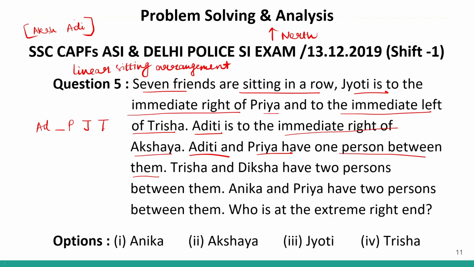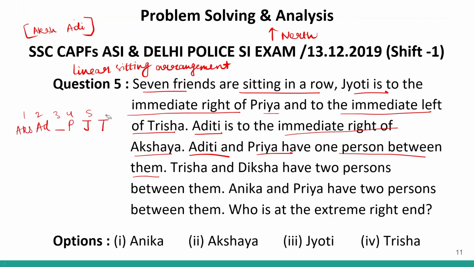How? Because if Aditi was over here, then one person would be between Priya and Jyoti, but over here we already have Trisha, so we cannot place Aditi here. So Aditi will be here and Akshaya will be over here. So how many people? 1, 2, 3, 4, 5, 6. This is fixed. Now we don't know whether the seventh person is here or here.